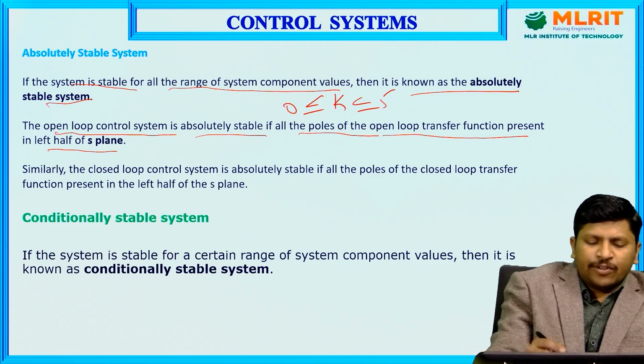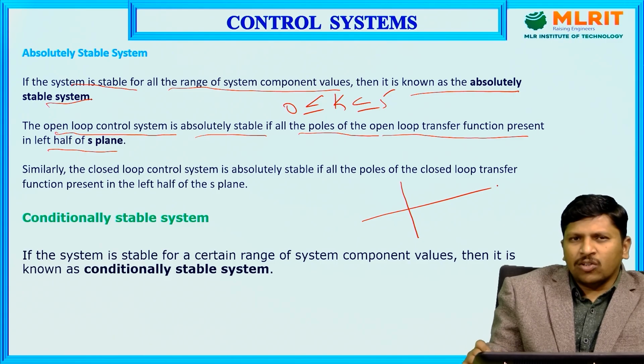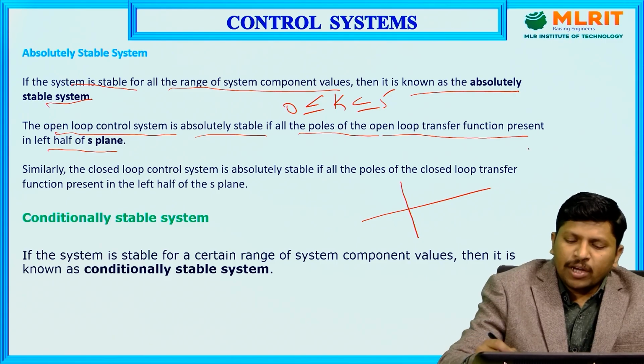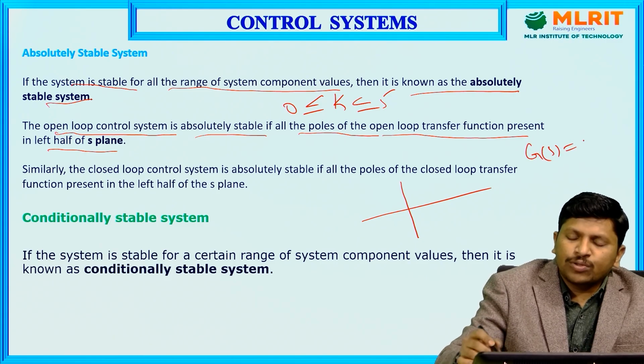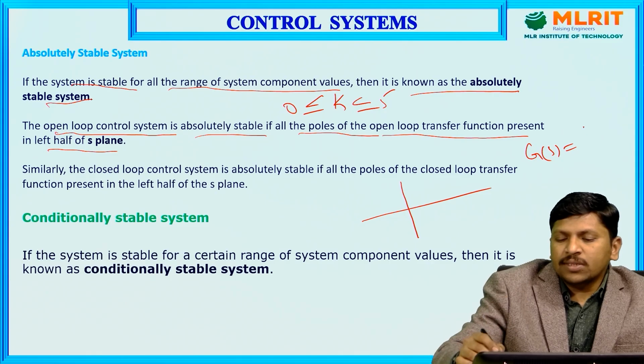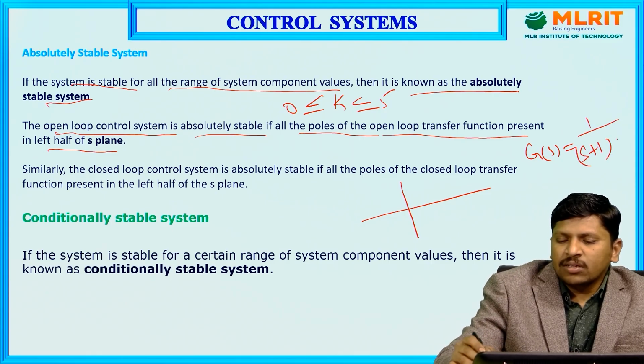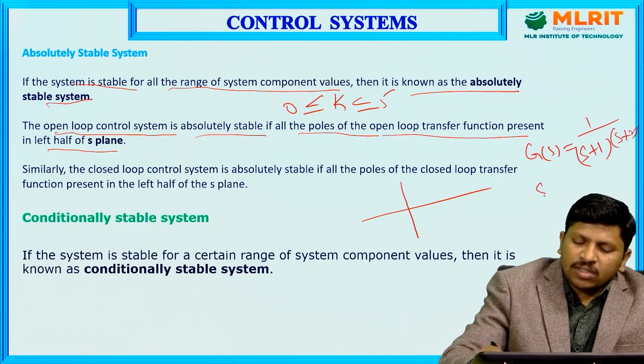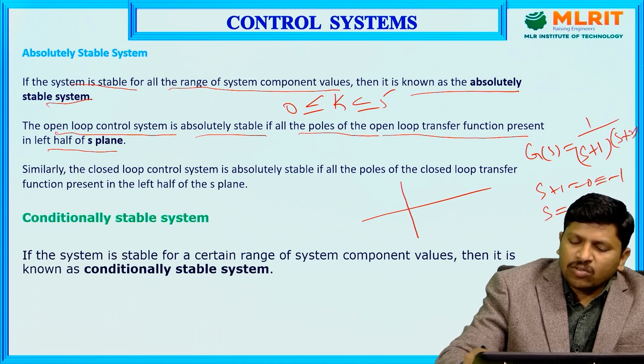Just for example, for an open loop control system, I am going to write G(s) equals 1 divided by (s plus 1)(s plus 2). So s plus 1 equals 0 gives s equals minus 1, a pole, and s plus 2 equals 0 gives s equals minus 2.